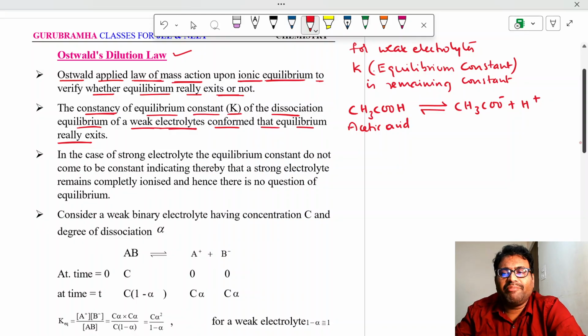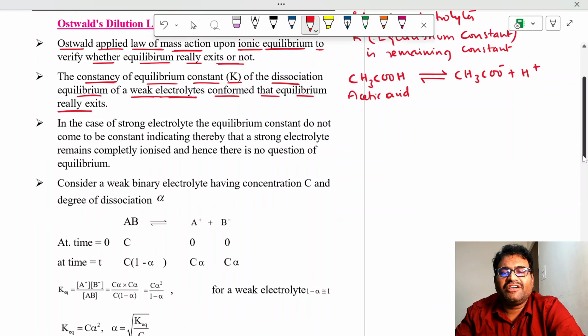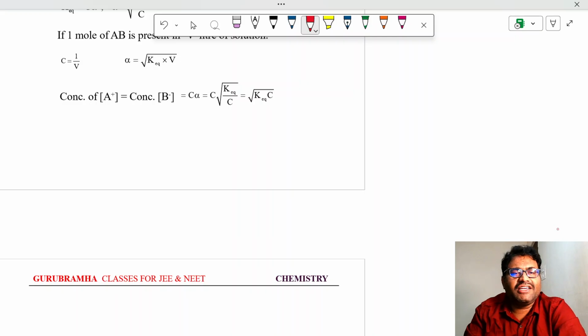But let us see, before we have discussed HCl and its dissociation. Did we write, for example, let me mention HCl. Am I writing forward and backward arrows, both arrows? No. Why? Because it is a strong electrolyte.